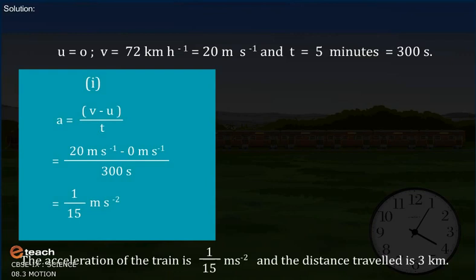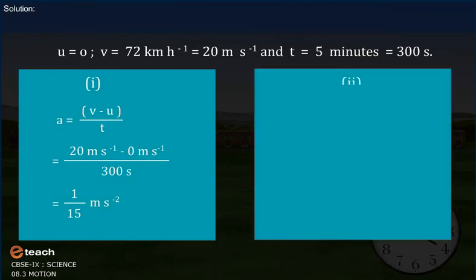2. From the equation, we have 2as = v² − u², that is equal to v² − 0.